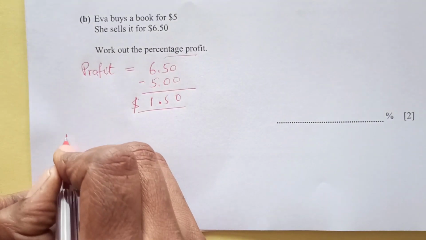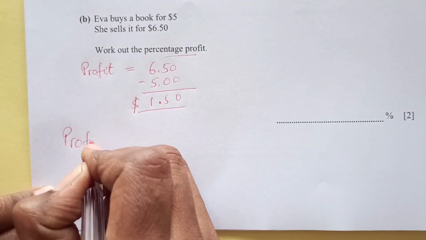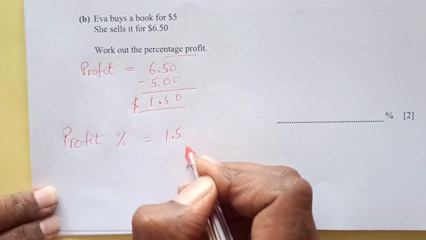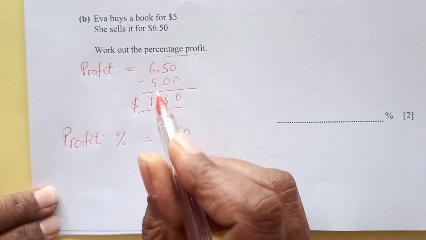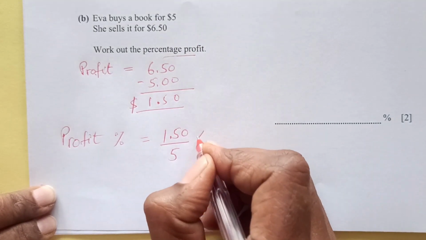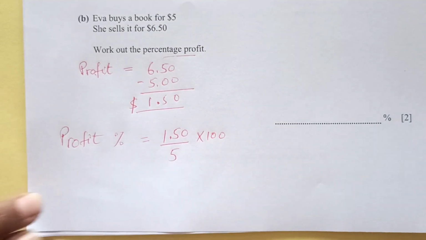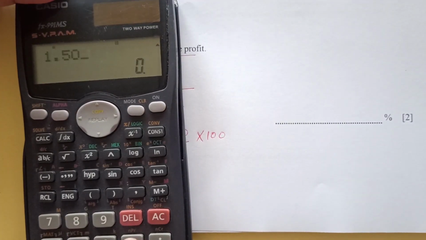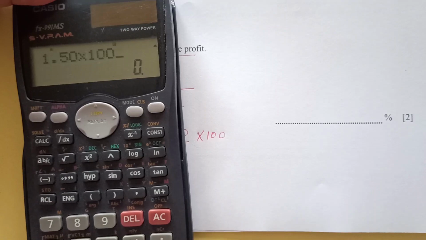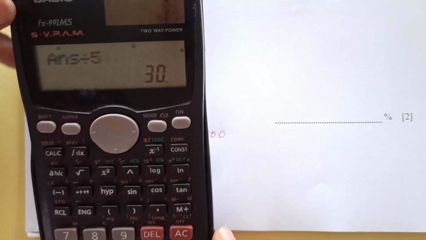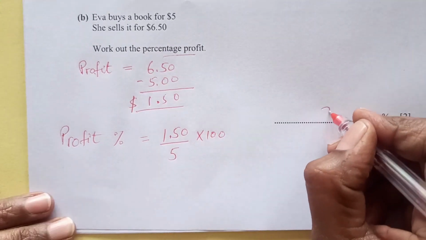So now the profit percentage is 1.50, the profit, over the original value 5, times 100. Okay, so let's see. 1.50 times 100 divided by 5. So it is 30. So the answer is 30%.